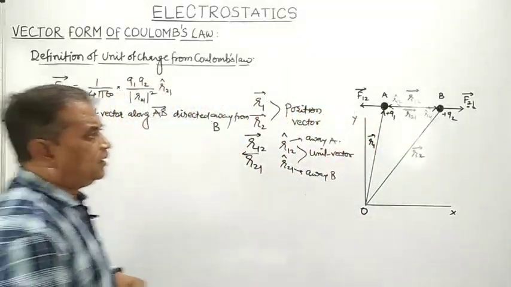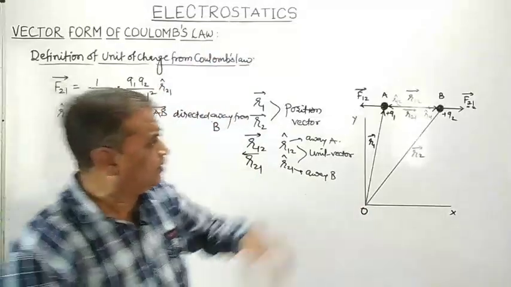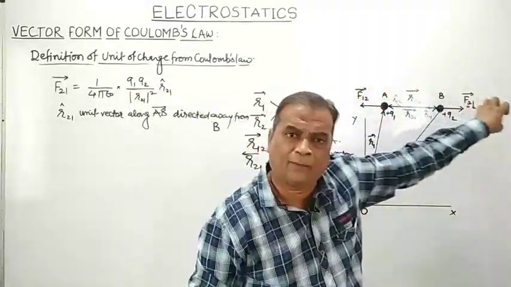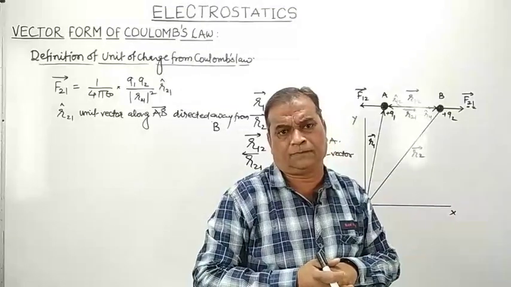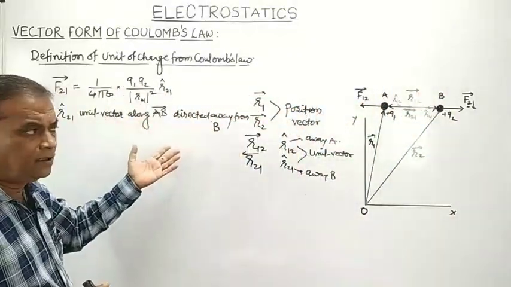Similarly, this second charge will also exert a force on the first charge, because when charge Q1 exerts a force on charge Q2, the force exerted on Q2 by Q1 is given by this expression.